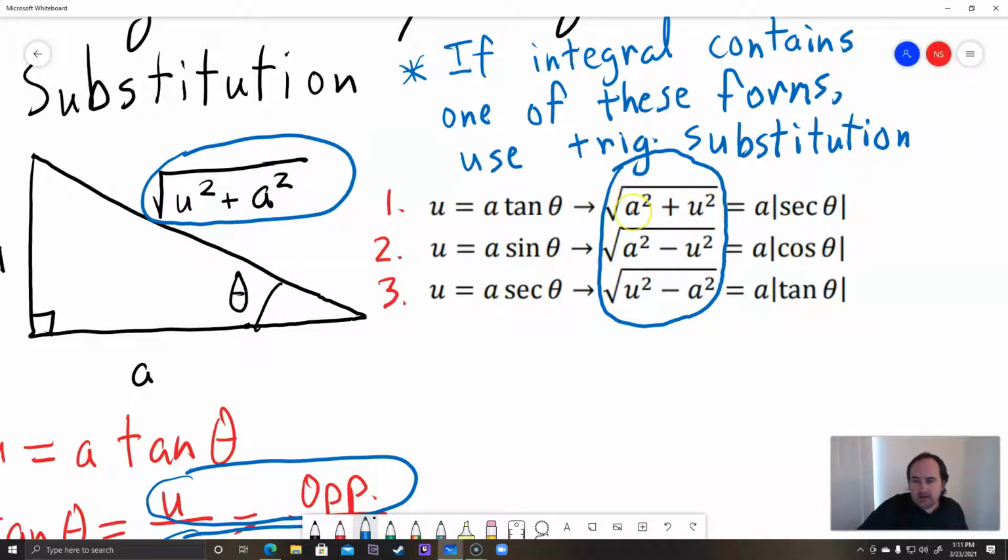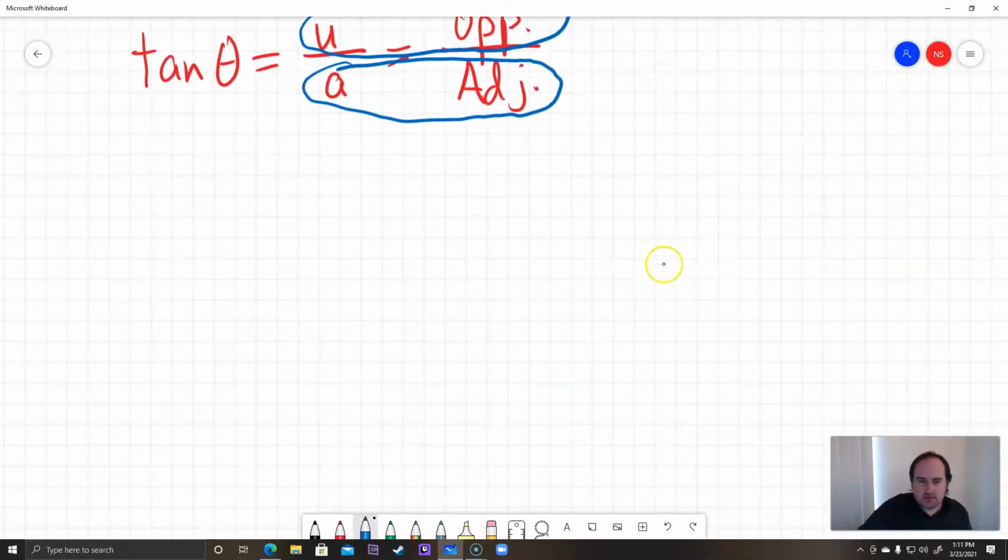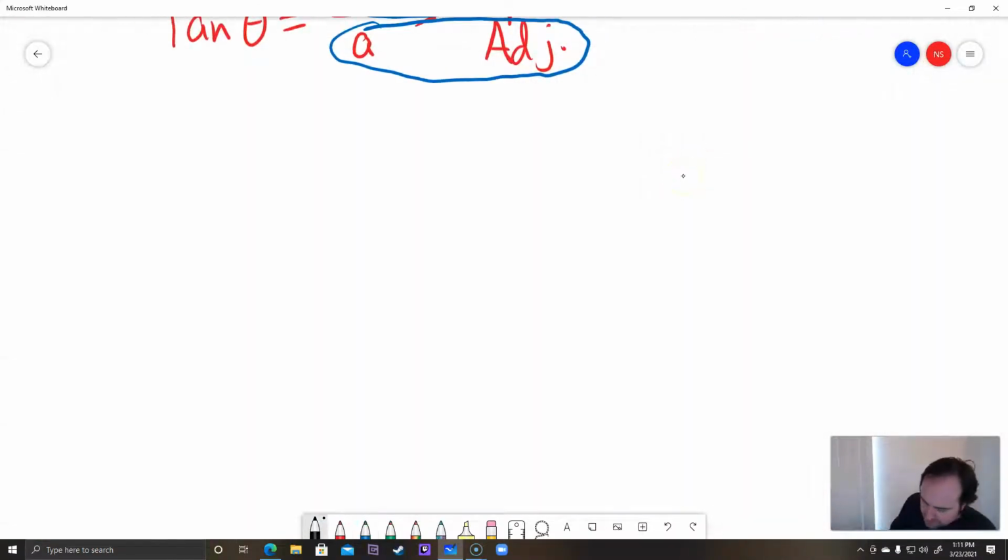And then if you factor out an a squared, you're going to get a 1 plus tangent squared on the inside, and that's going to simplify to secant squared. But you'll see it in an actual example. I'll show you all that in an example. Okay, so let's jump in.